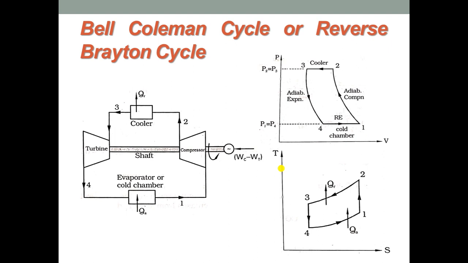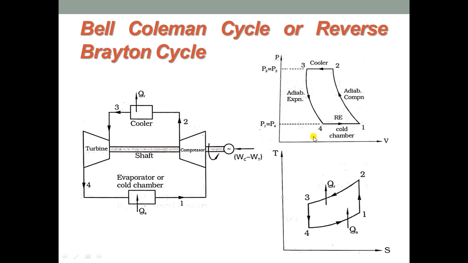Assume that the air refrigerant at the beginning of the cycle is at condition 1, where it has absorbed heat from the cold chamber, that is, the refrigerated space.